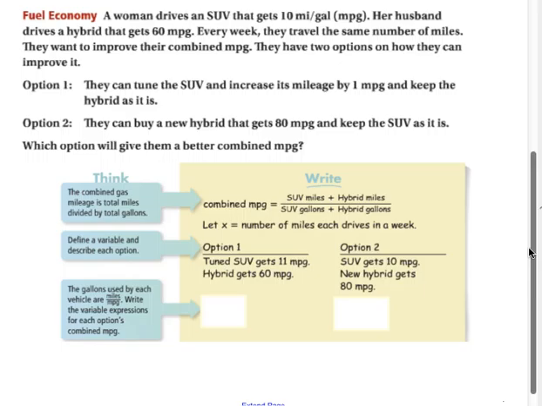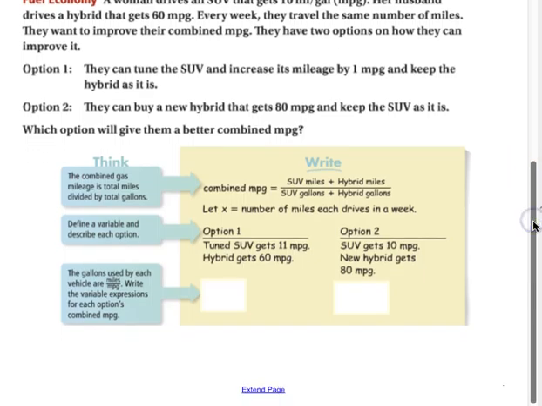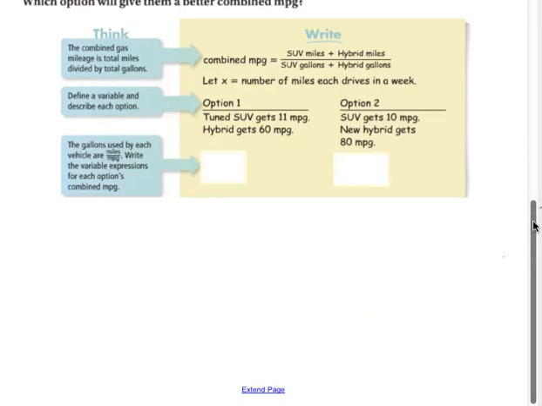All right, so what this table kind of does for you is it labels out combined MPG, the combined miles per gallon, is where you add them together, right? So, option 1, the SUV gets 11 miles per gallon, hybrid gets 60 miles per gallon. Well, if X is the number of miles, they're driving the same number of miles, okay?